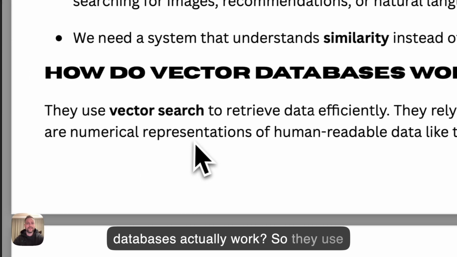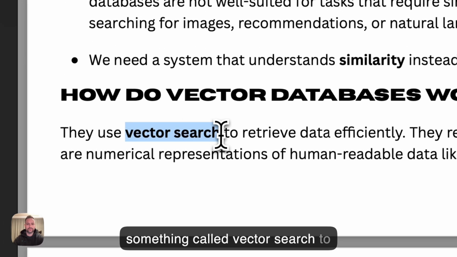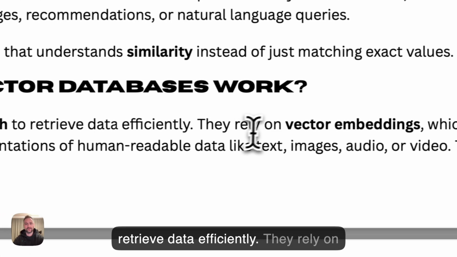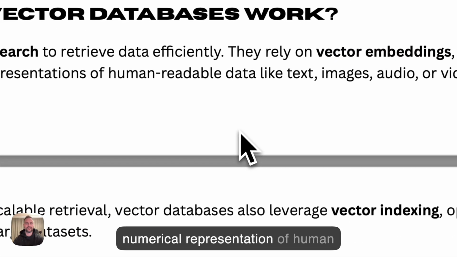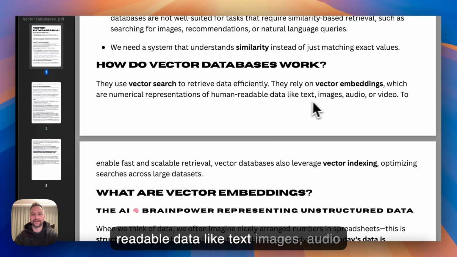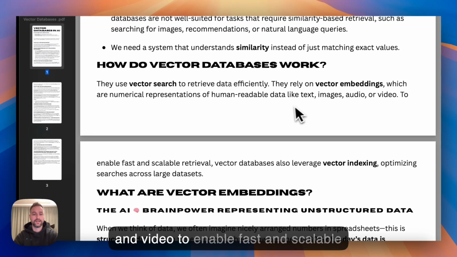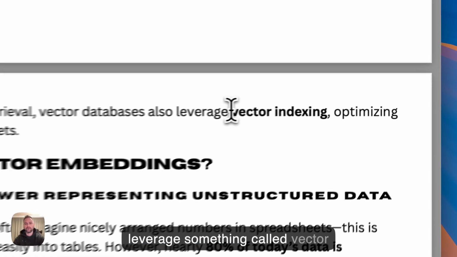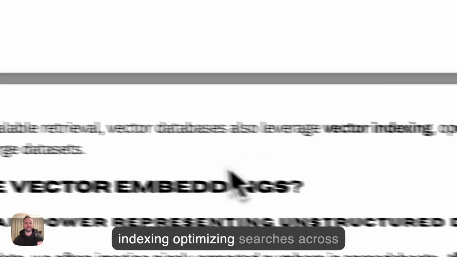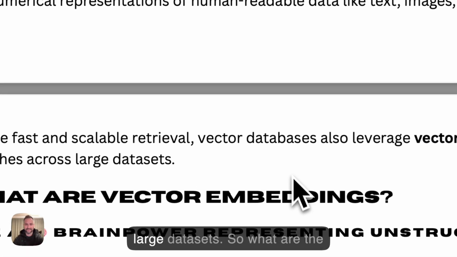They use something called vector search to retrieve data efficiently. They rely on vector embeddings, which are numerical representations of human-readable data like text, images, audio, and video. To enable fast and scalable retrieval, vector databases also leverage something called vector indexing, optimizing searches across large datasets.